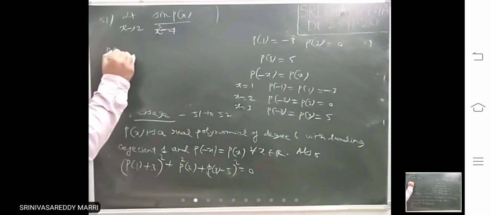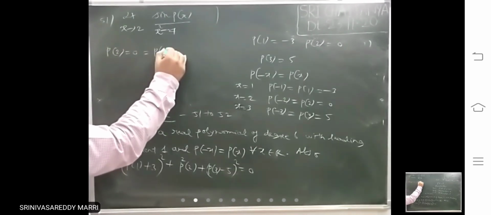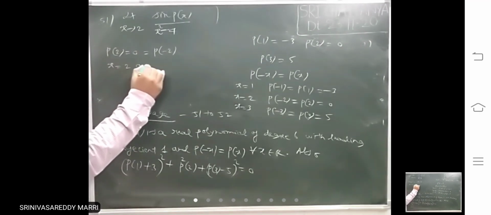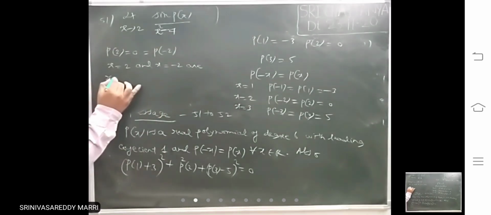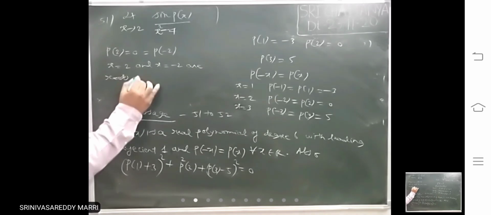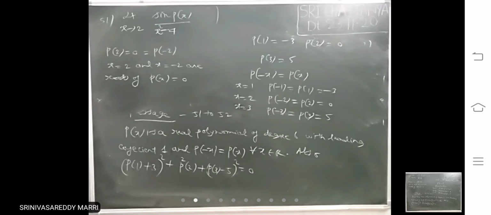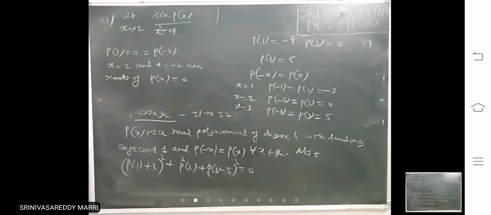P of 2 equal to 0, that is also equal to P of minus 2. That means x equal to 2 and x equal to minus 2 are roots of P of x equal to 0.